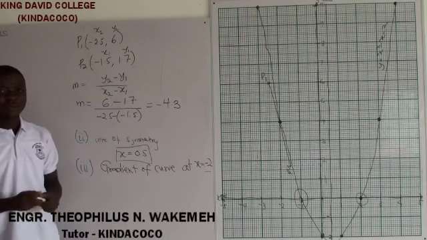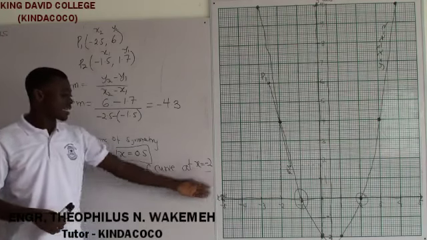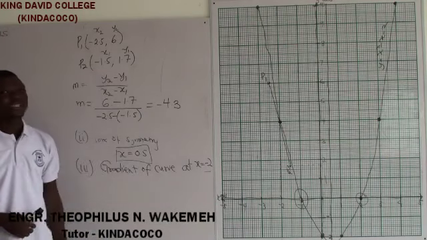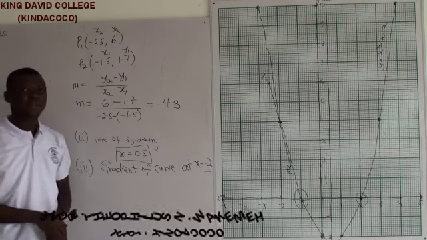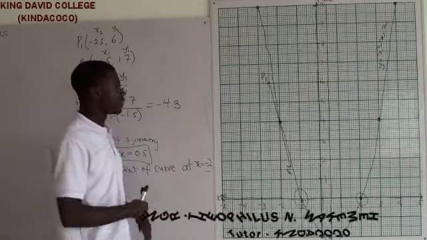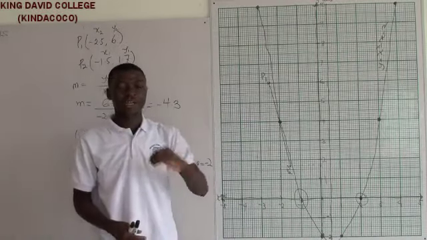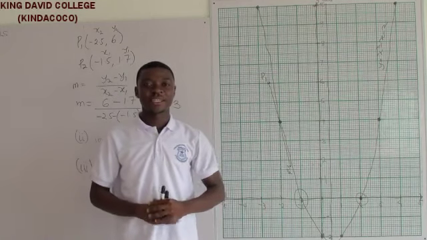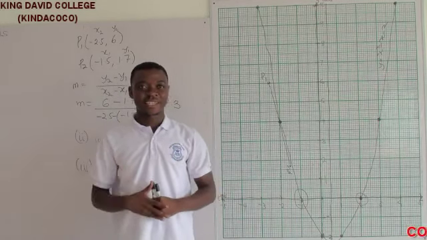So that small question when we were asked to find the gradient of the curve at x is minus 2, that is what it is. And you understand why the gradient we have is negative, because the line itself is a negative slope. We explained that in our video on coordinates, so you can go and check out that video.